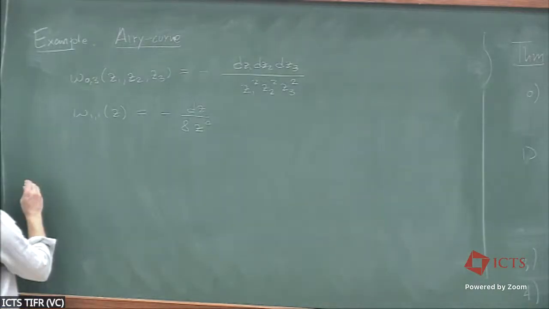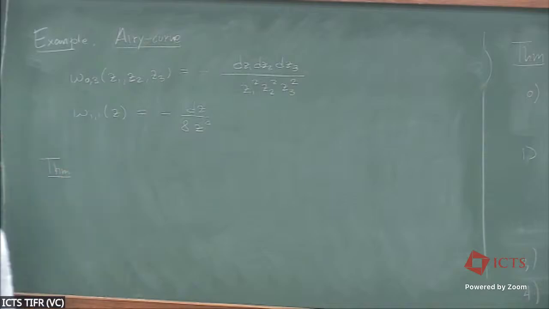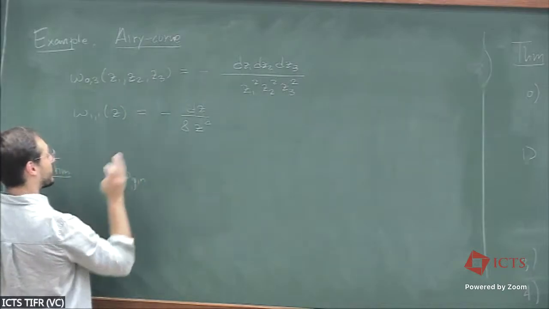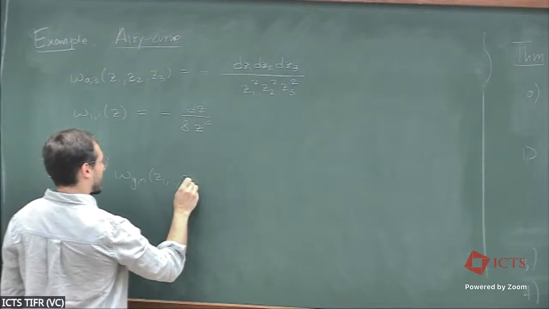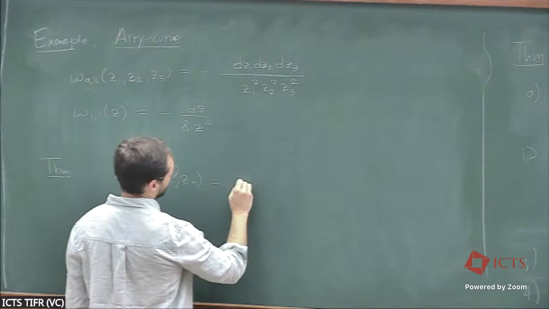But what is amazing about this is the following theorem that has been proved 1,000 times. The theorem says that if you take the Airy curve and you compute these omega g,n, these are actually generating functions for psi class intersection numbers.